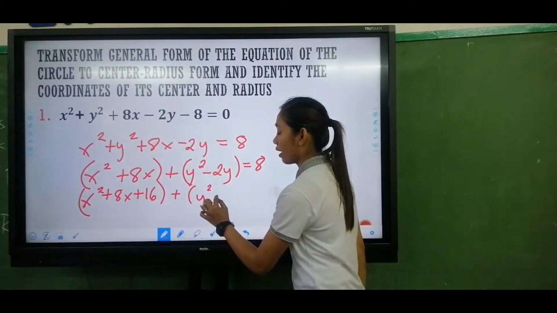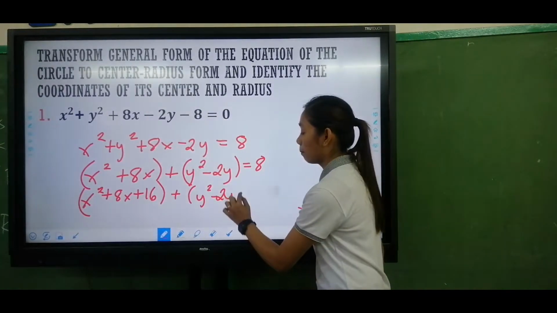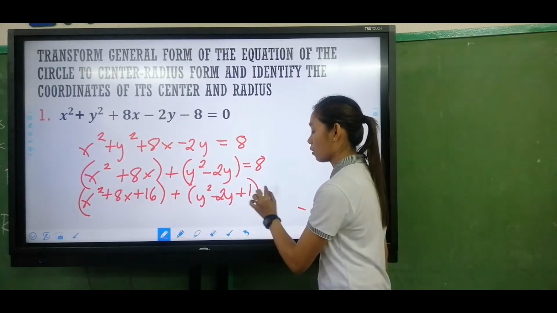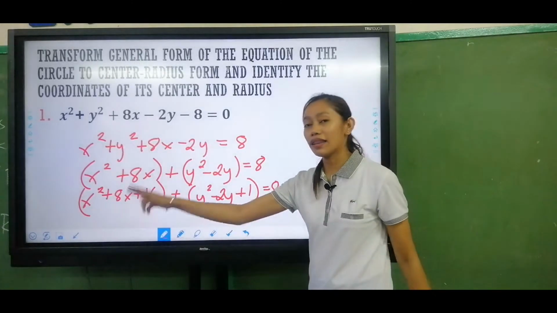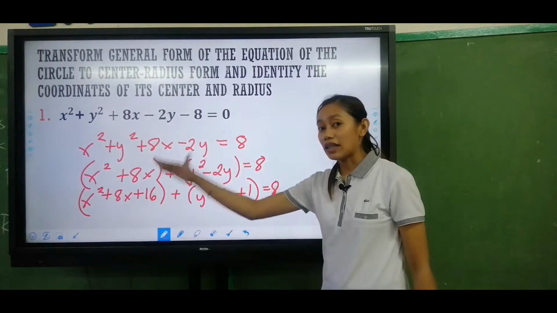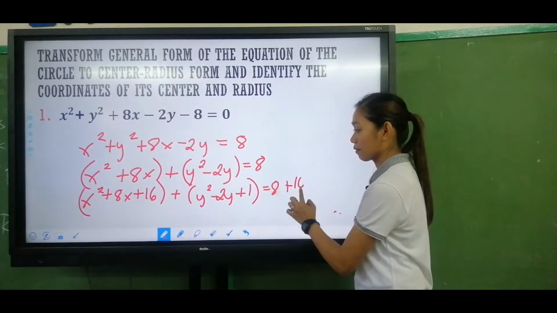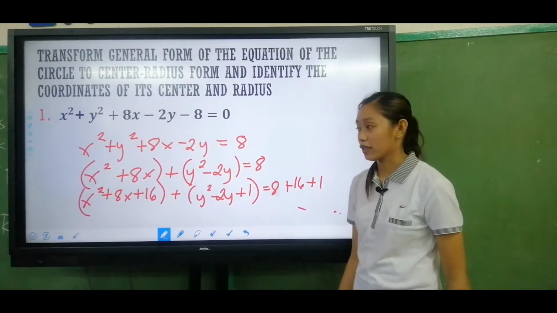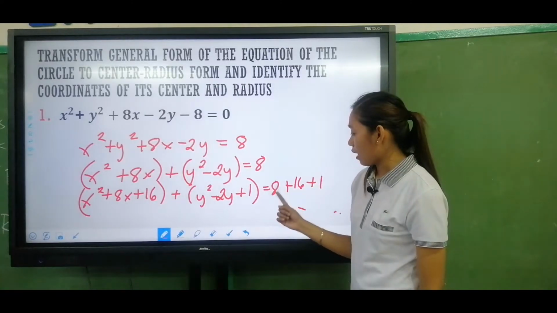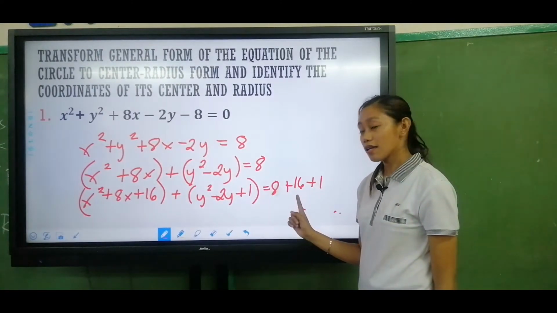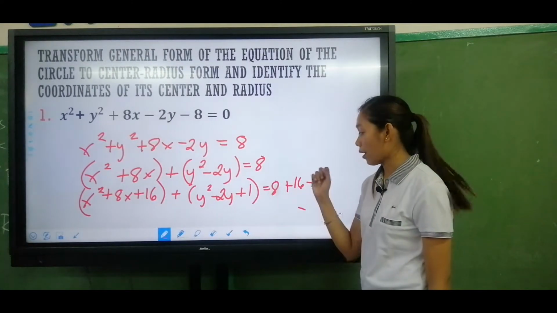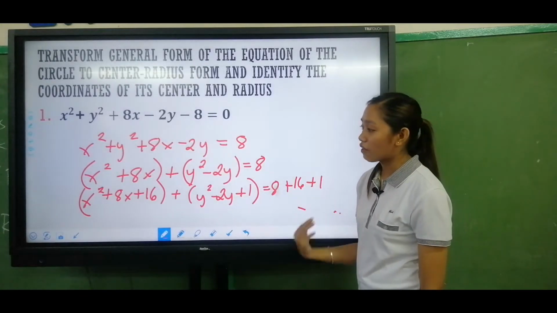Y squared minus 2y plus 1 equals 8. Whatever we added on the left side, we also add on the right side. So, plus 16 plus 1. Then, simplify. 8 plus 16 is 24 plus 1 is 25.